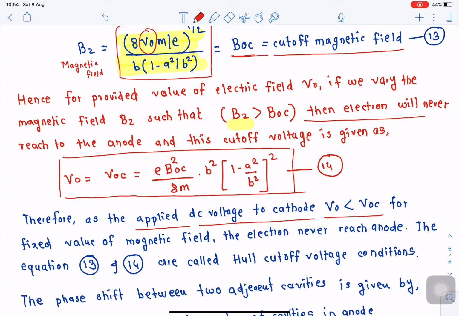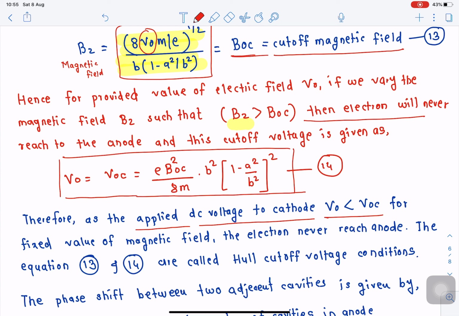Either you can vary the magnetic field by maintaining the electric field constant. In that particular case, the magnetic field should be slightly over this cutoff condition. On the other hand, if we want to keep the magnetic field fixed and vary the electric field, that also can be done. In that case, the electric field should be less than the value given by equation number 14.